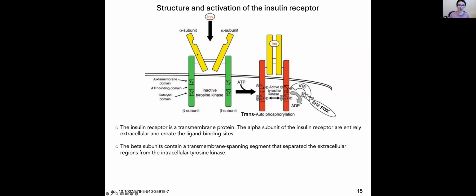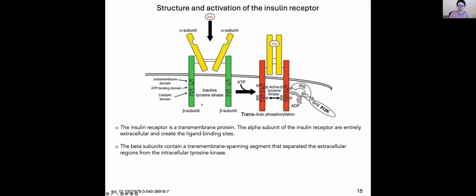It has the alpha subunit that is located entirely extracellularly, and it creates the insulin binding site. We also have the beta subunit, which is the transmembrane part of this receptor tyrosine kinase, and it separates the extracellular part from the intracellular tyrosine kinase.